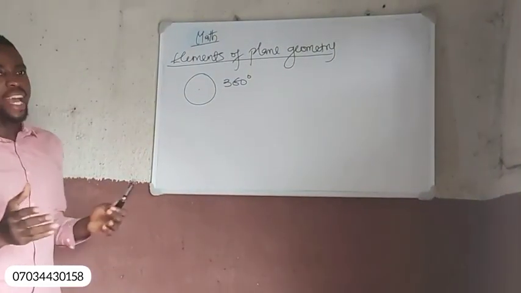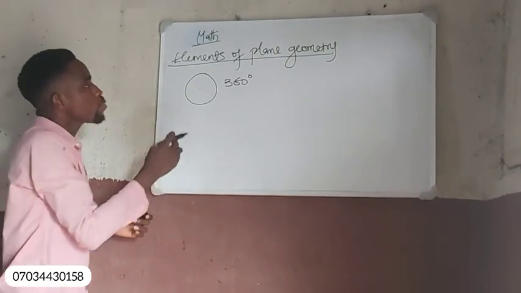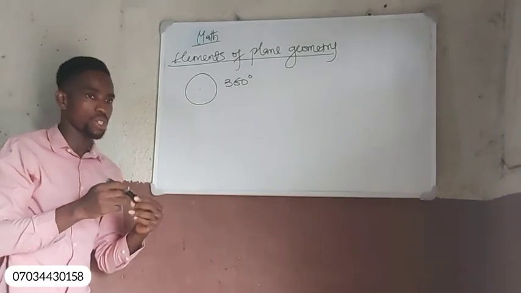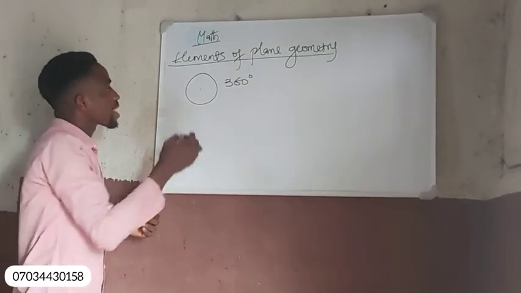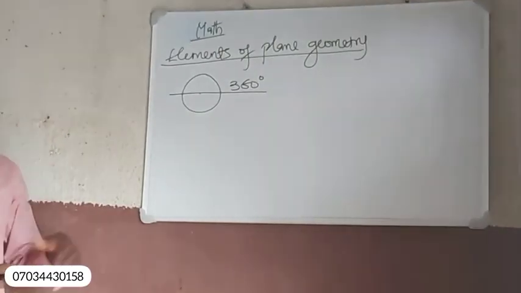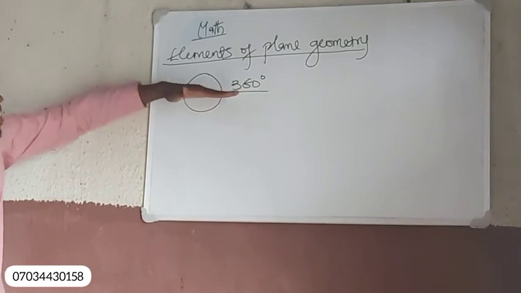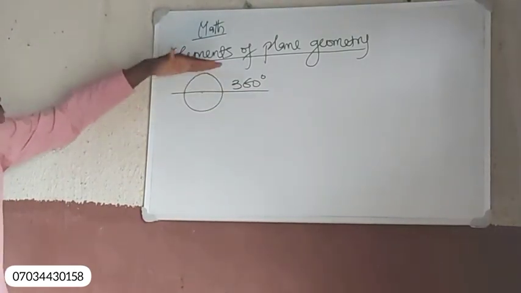Then again, if angle in a circle is 360 degrees, we can slice the circle. What we use to slice the circle is a straight line. By slicing the circle, we have divided the circle into two equal parts.